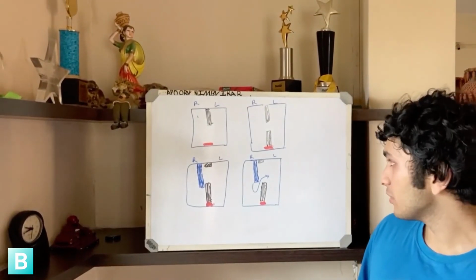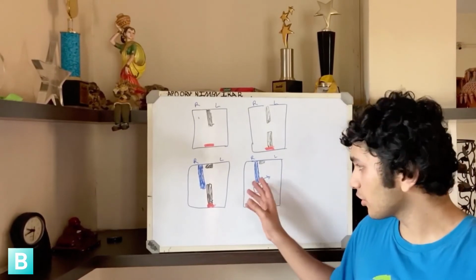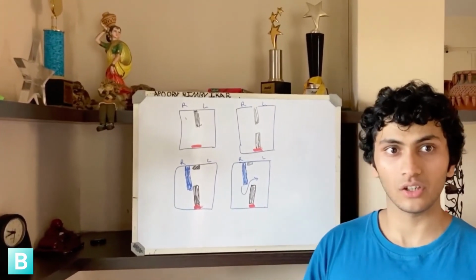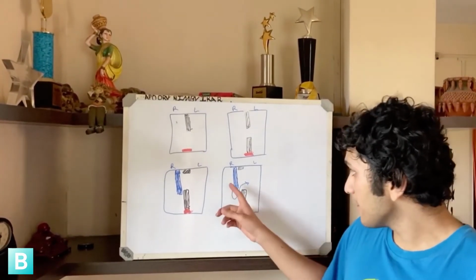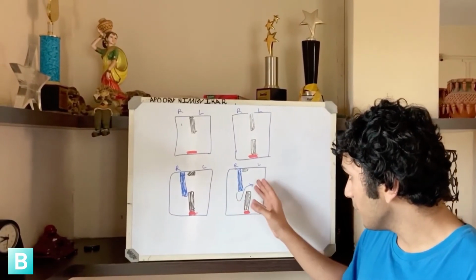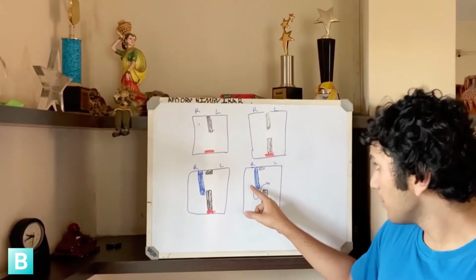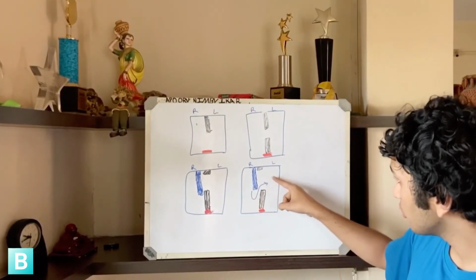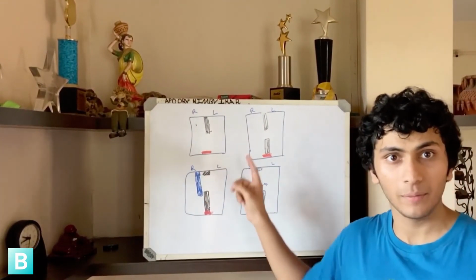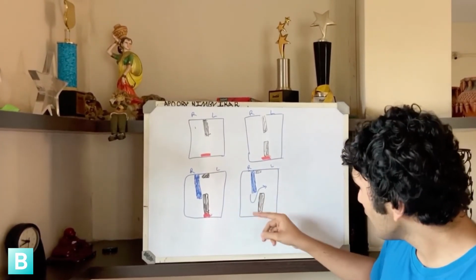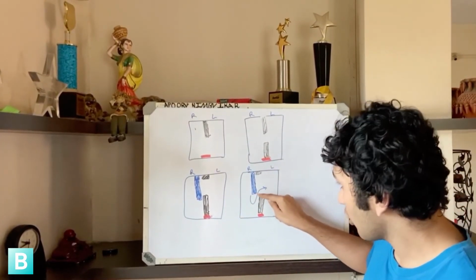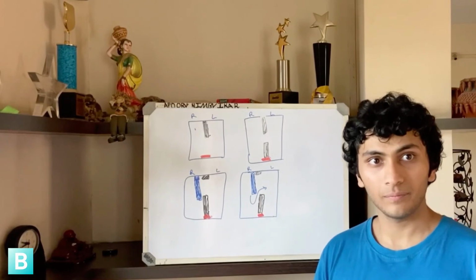Now, as we know, the pressures in the right side of the heart are much higher in the fetal circulation. So the septum primum essentially gets pushed, and it allows blood to flow from the right atrium to the left atrium, thus bypassing the pulmonary circulation. This tract is called the foramen ovale.